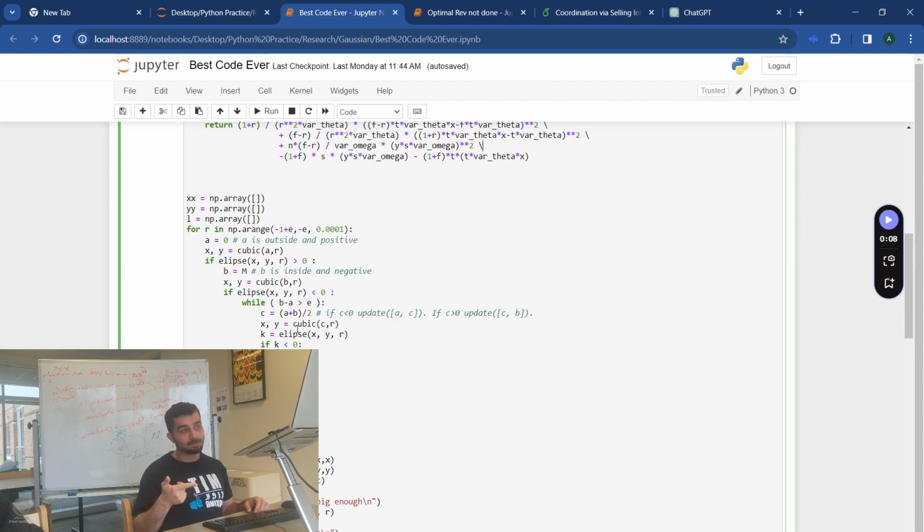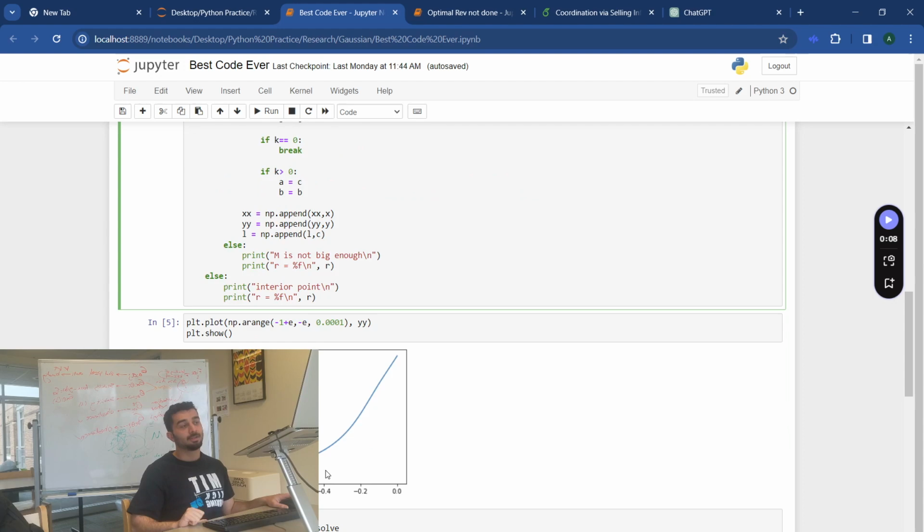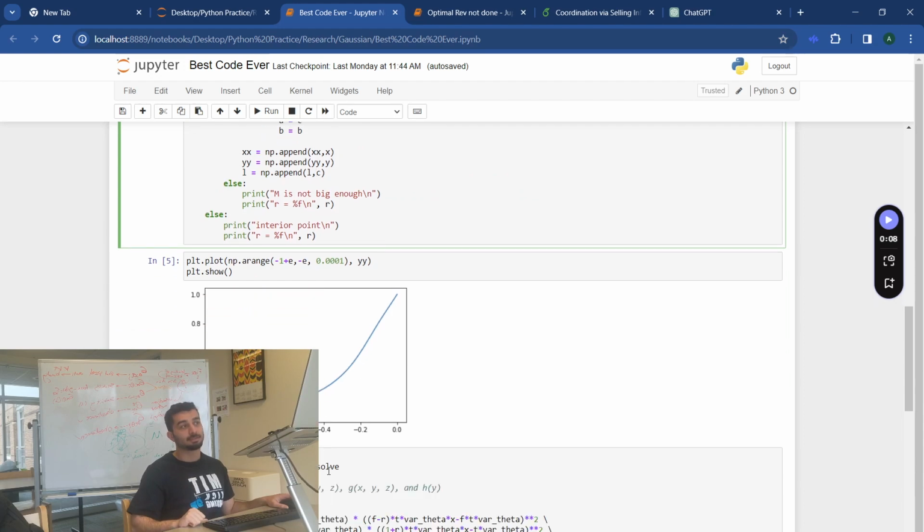And repeat. Here xx, we got the value of x and y we want, and we also get the value of lambda. Sounds good. Print m is not big enough. Okay, these are to check that lambda, we are inside and outside, and that's the curve we get.